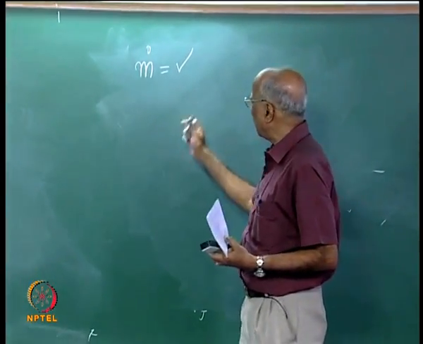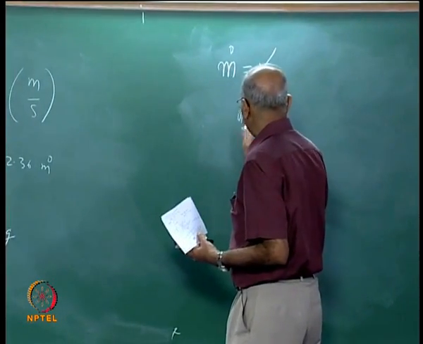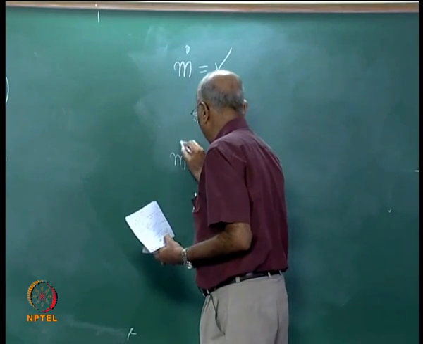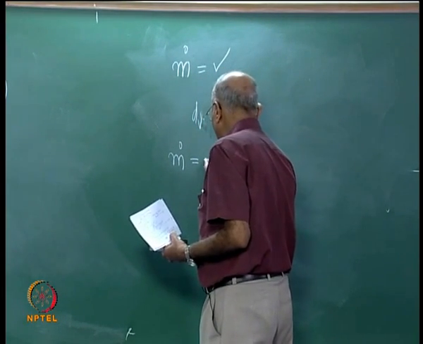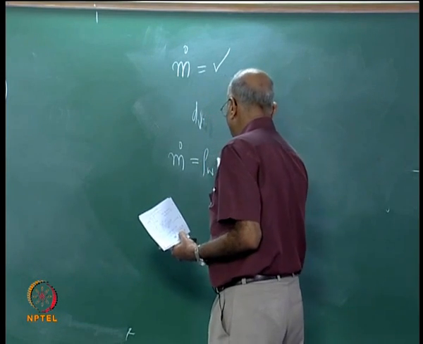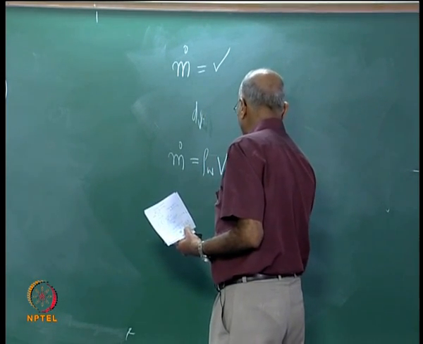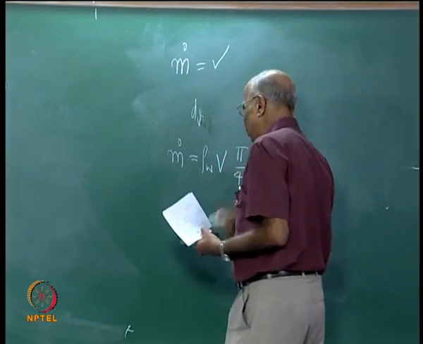And if I know m dot, how do I calculate the throat diameter, or the diameter of the vent, that is the diameter of the hole? M dot is equal to the density of water into the velocity of water into the area, area is equal to pi by 4 into d squared.